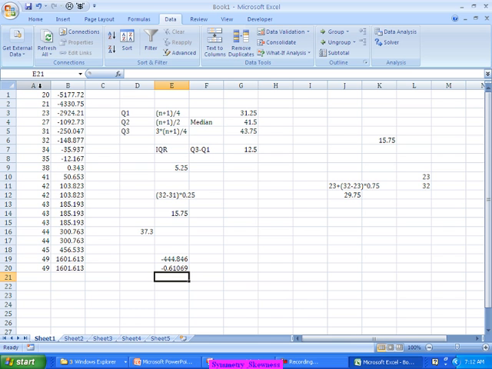Okay, minus 444, if instead of 20 values in this data, I have 200 values, my skewness would have been, let's say, minus 20,000. Now that will say the skewness is very, very high. But that is high because the data is very large.